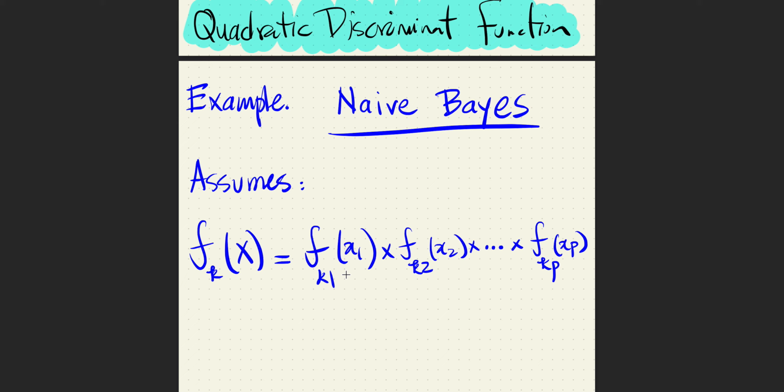Because estimating a p-dimensional density function is challenging because we must consider not only the marginal distribution of each predictor, but also the joint distribution of the predictors. We must consider the association between the different predictors.